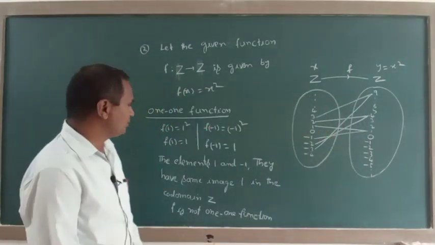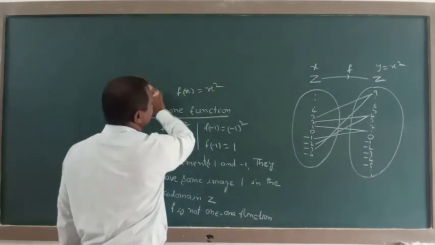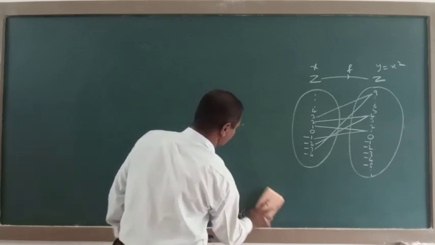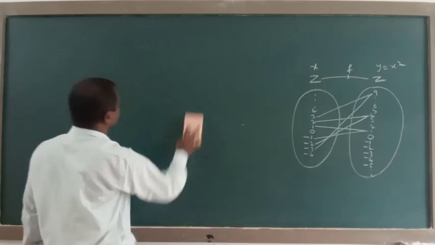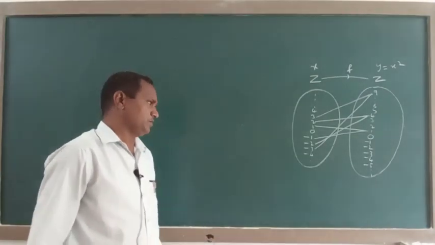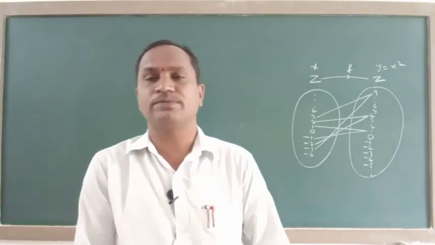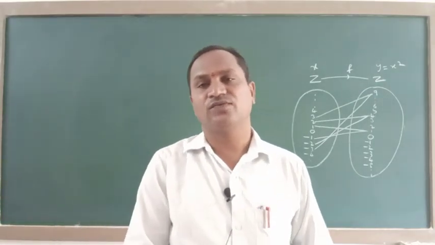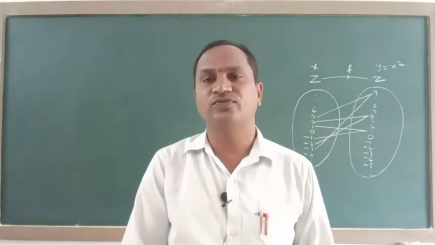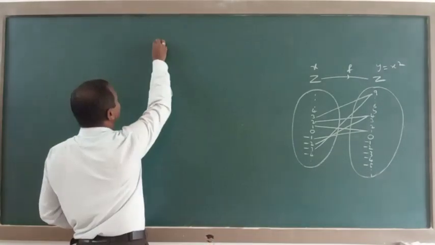Next, let us discuss the onto function. The same way we gave the proof for onto function in the case of f mapping from R to R given by f of x equal to x square, in the same way we give a proof for this question also.